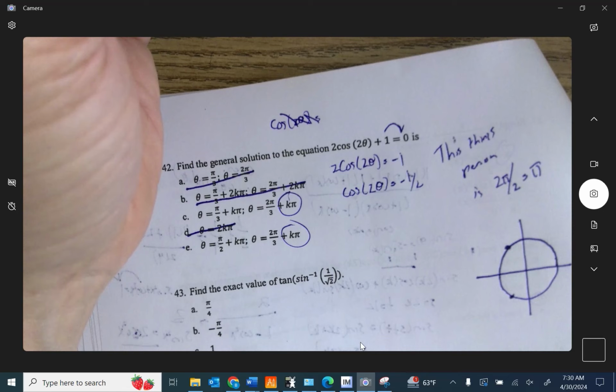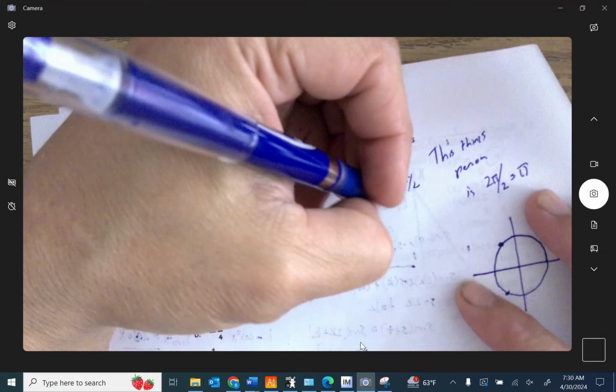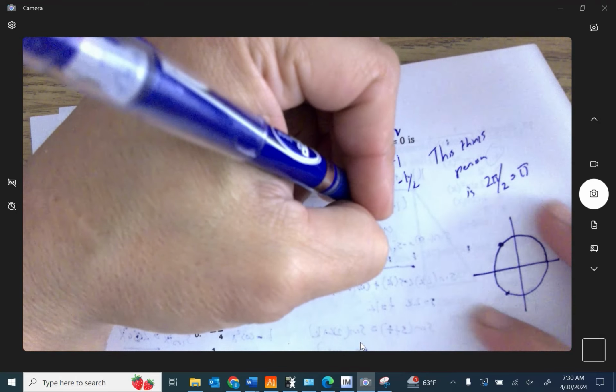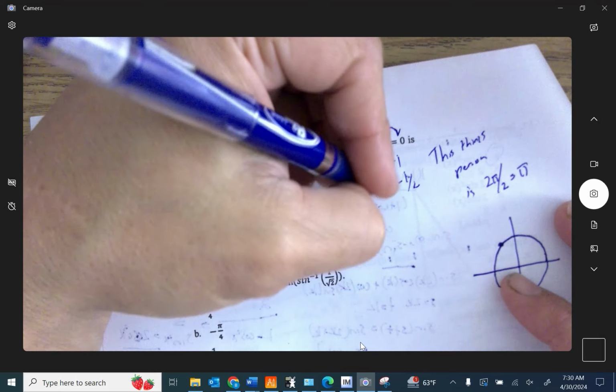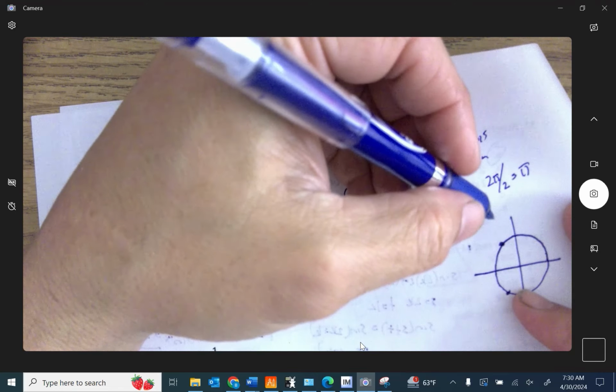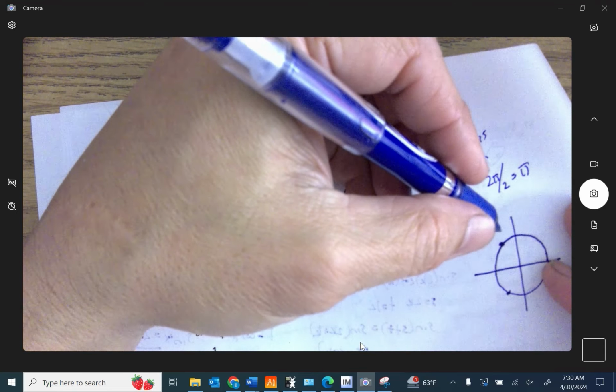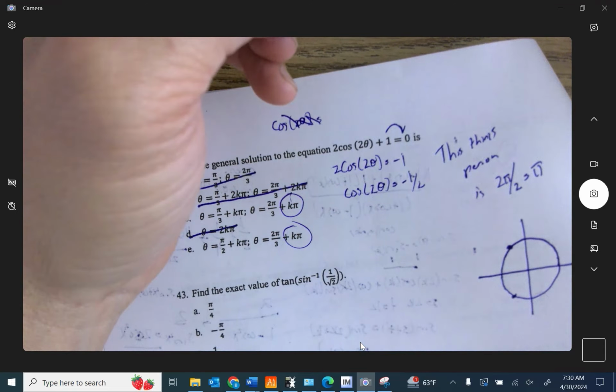We have some funny answers here. Oh, and also don't forget, we're finding out where 2 theta is. That's what's throwing me off. Anyways, negative 1/2.